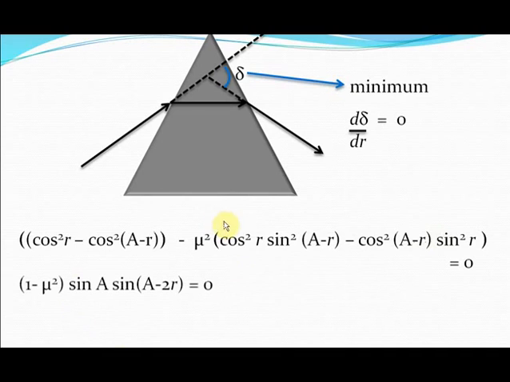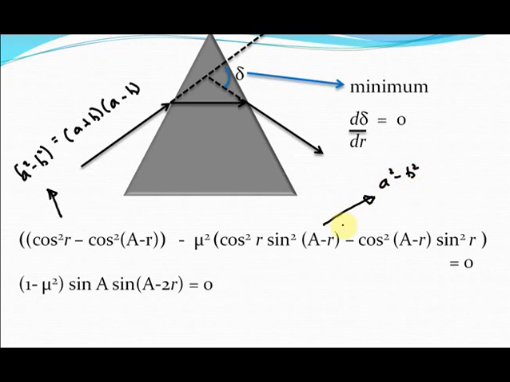I know, again, simplification also involves some mathematics here. You can use the formula a square minus b square equal to a plus b into a minus b. You can use that formula to simplify this expression. Similarly, even this term is of the form a square minus b square. So you can simplify both these expressions using this identity, and then you can further simplify the final expression that you get here.